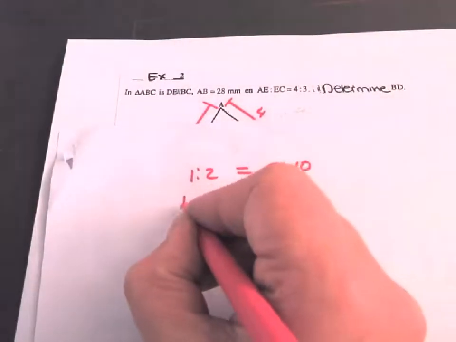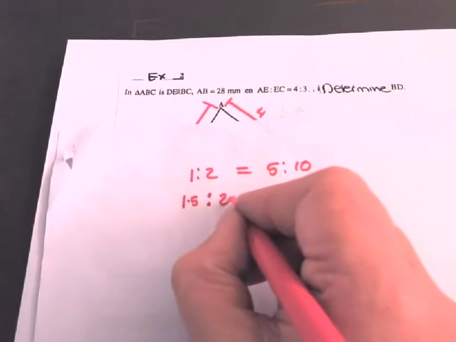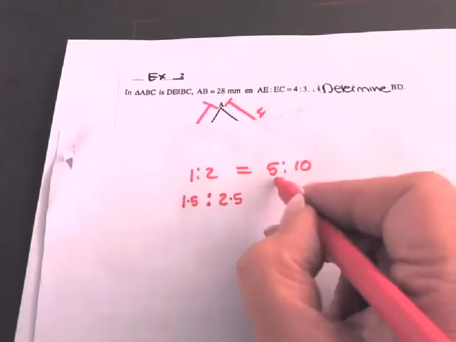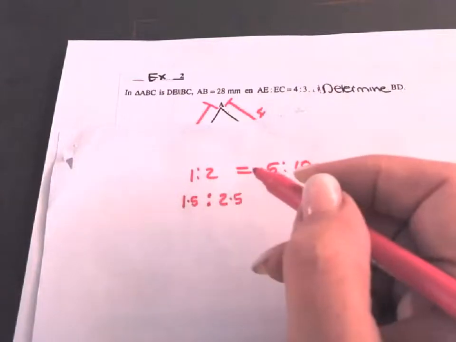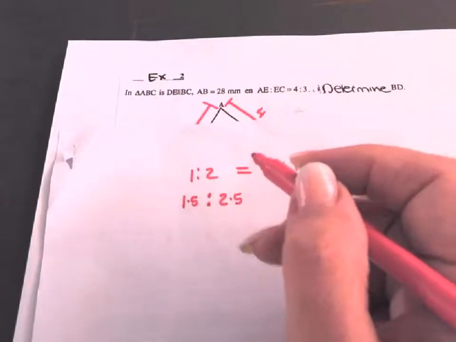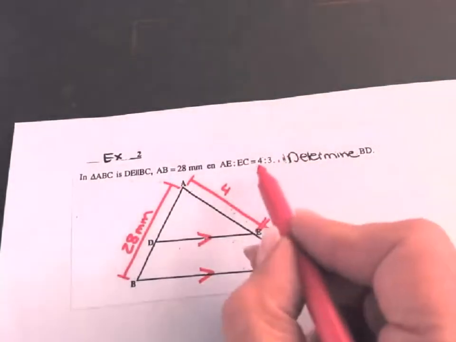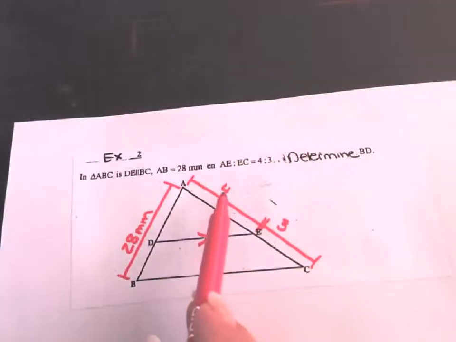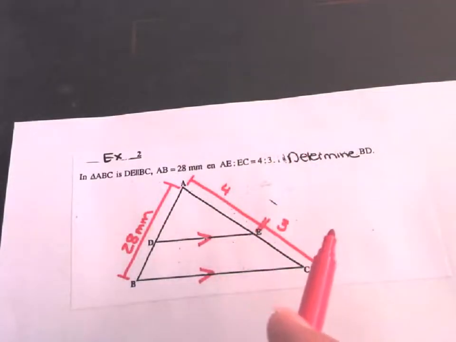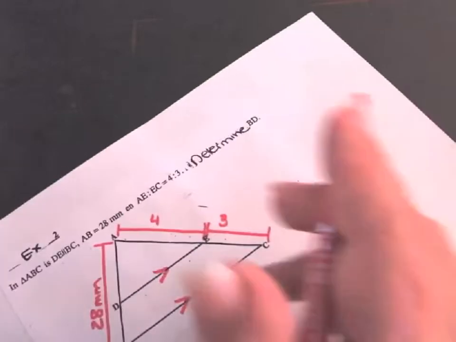So it's 1 times 5 to 2 times 5, and then you get 5 to 10. So you actually multiply something, the same thing, to get the other answer. Now, because they didn't say millimeters here, we know that we have to multiply the 4 and the 3 with something. And what is something in maths? X. Very good.